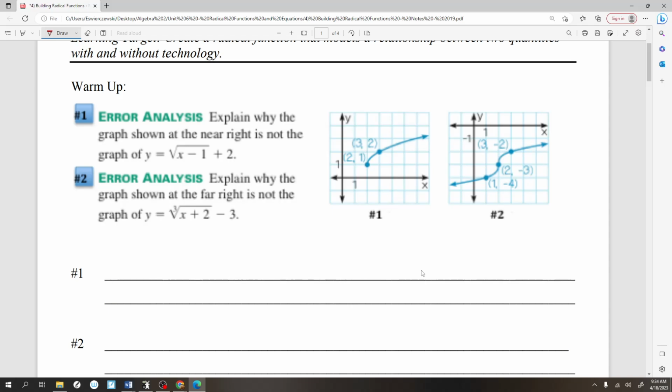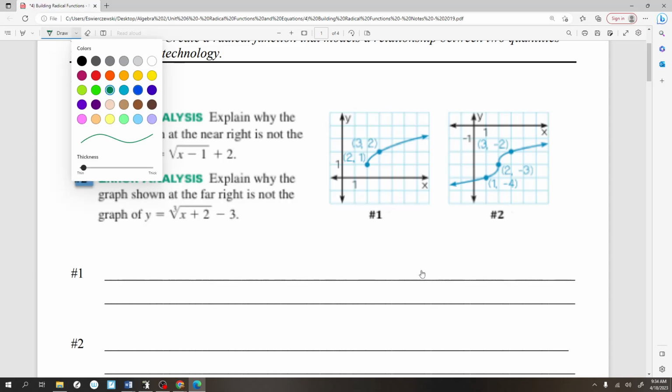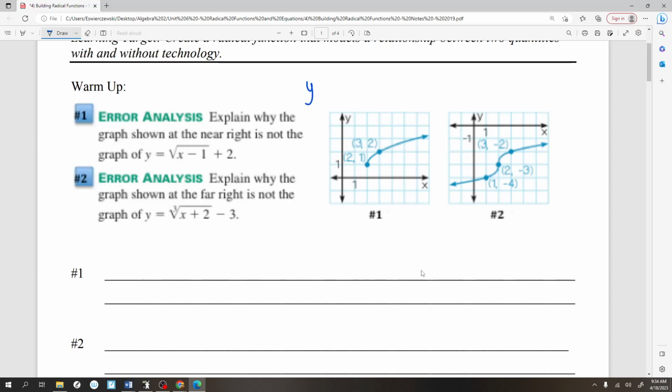So before we get into it, let's review from our last lesson. We had this transformation form where it was y equals a times the nth root of x minus h plus k.